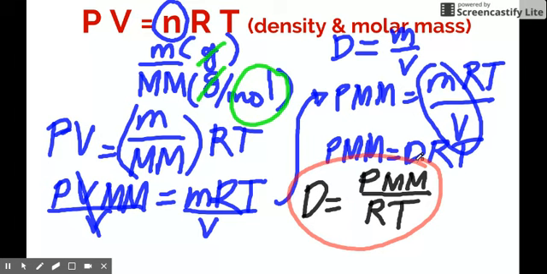This is one of the formulas that you need to memorize for the ideal gas law with density. And of course, if this is your basic formula, you can get molar mass from this. You just cross multiply. In terms of molar mass, if I may just write that down, molar mass becomes dRT over P. That can be a sample derivation for molar mass.